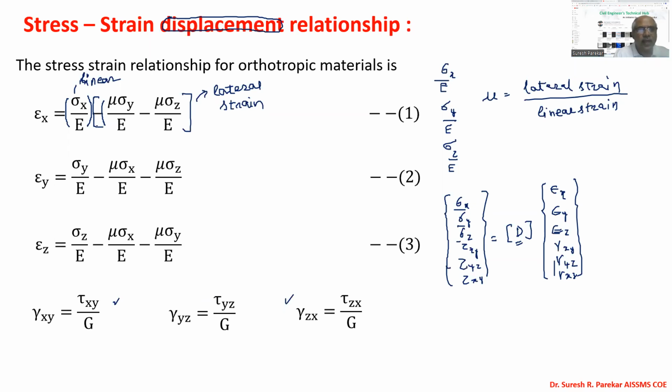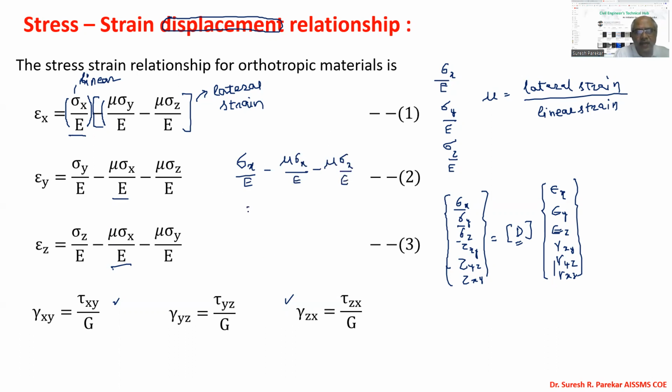I have taken E to the left, because we have denominator E for all. Now you can see we have sigma x by E here, minus mu sigma x by E, minus mu sigma x by E.